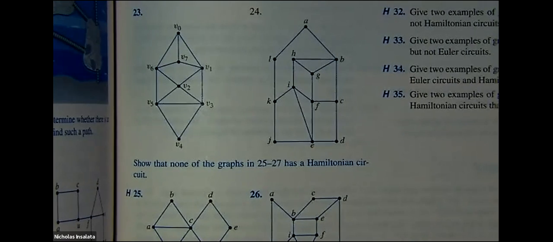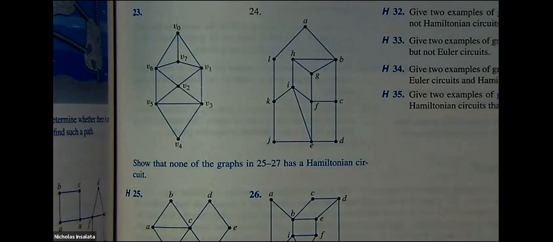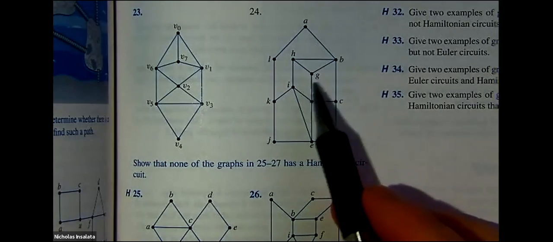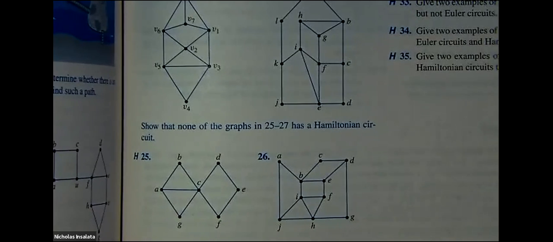Okay, how about number 24? Is there an Euler circuit in here? No. Okay, why not? G has odd degree, right? This G in here has degree 3, right? So that excludes that one. Okay, what about 25?